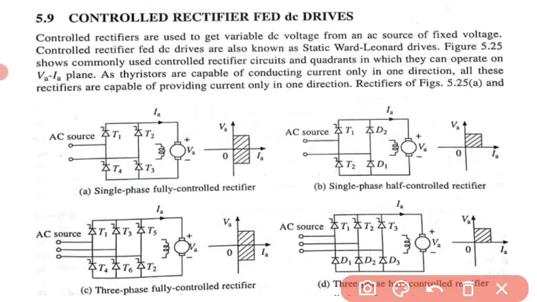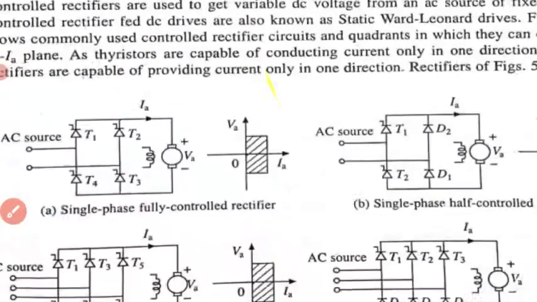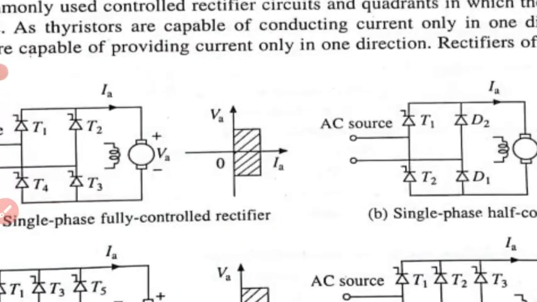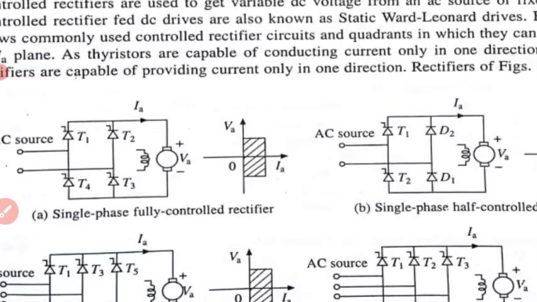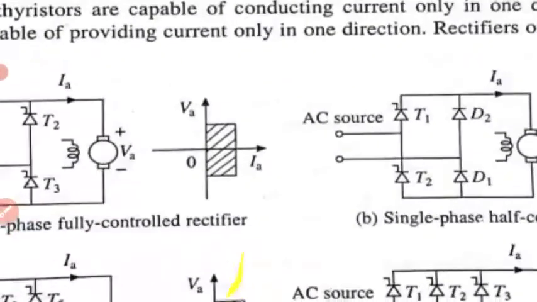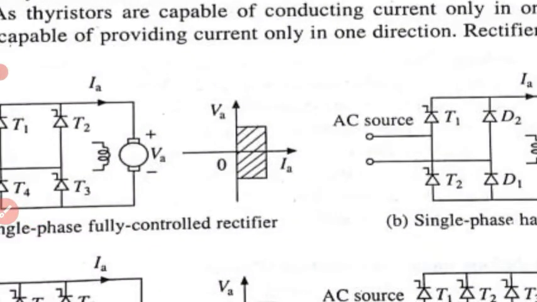Here, one more very important point is the quadrant diagrams. Let us discuss the quadrant diagrams in which the drive will operate. If you are looking at this, V naught and I naught plane. Here, the first quadrant will operate if the armature current is positive.